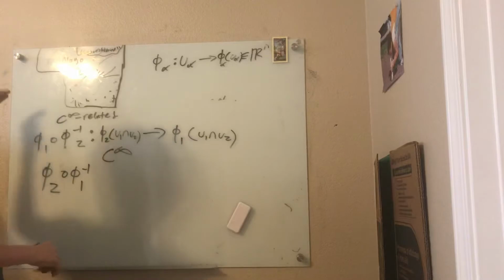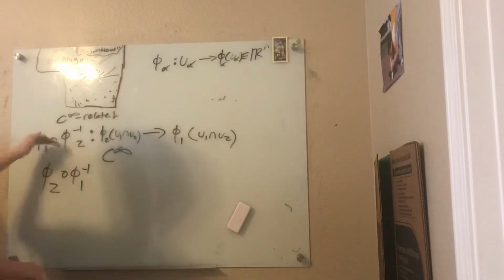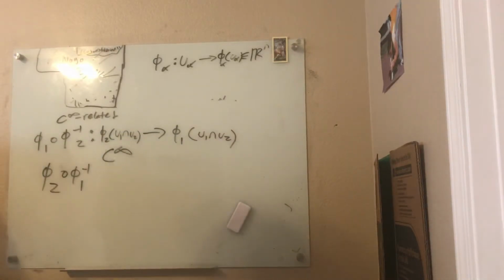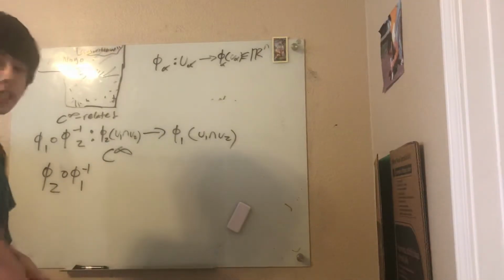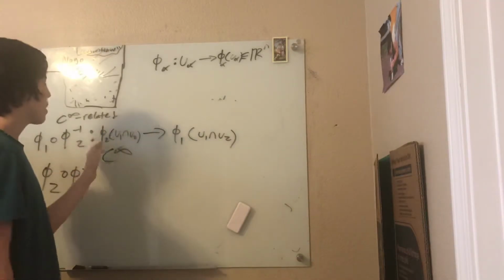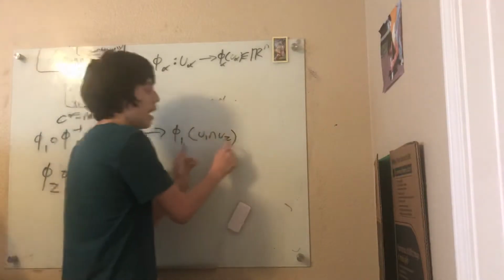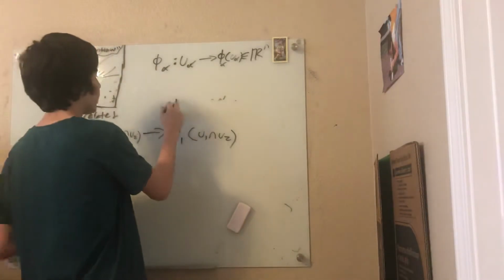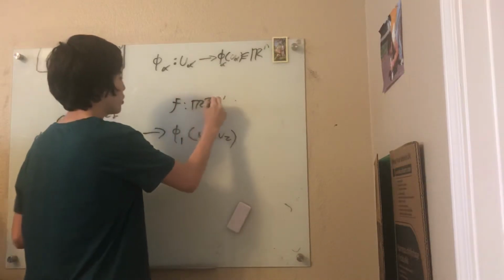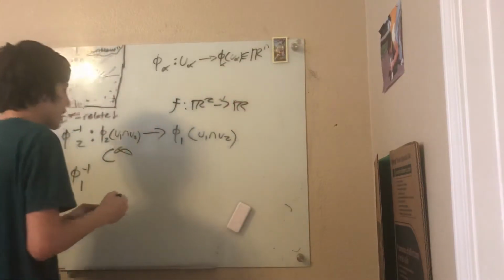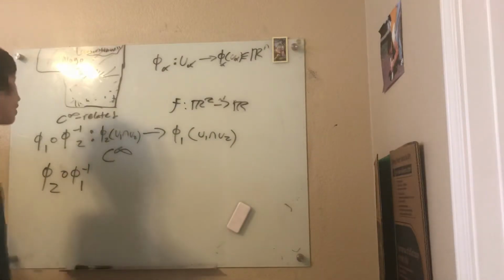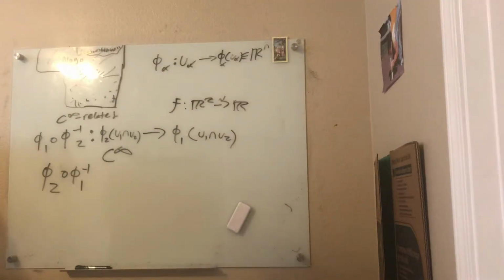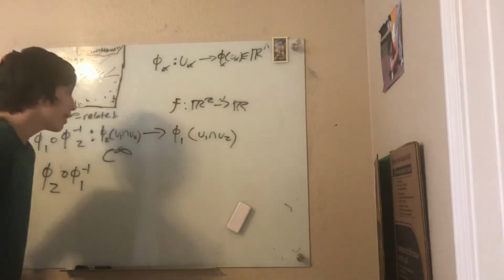So two charts are smooth related if these two functions are smooth. We can test that easily since they are both a mapping from a piece of a Euclidean space, and the image is a piece of a Euclidean space, which is like a standard function f of R2 to R, which we can easily differentiate and check, right? So that allows us to check it, and that's how we define smooth related.